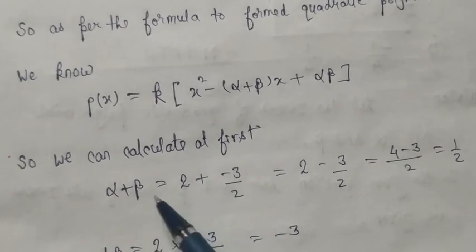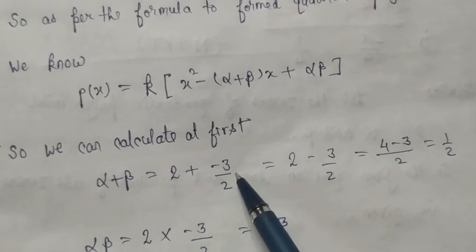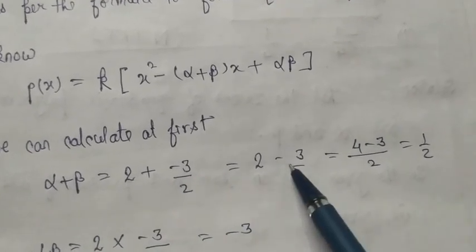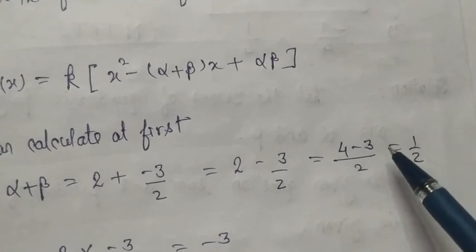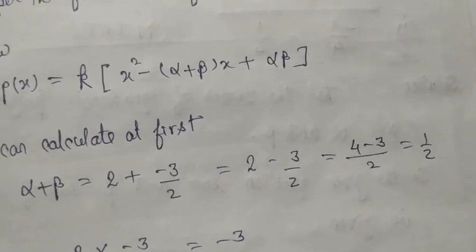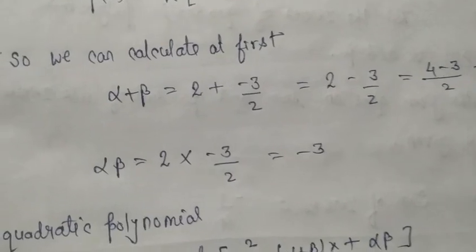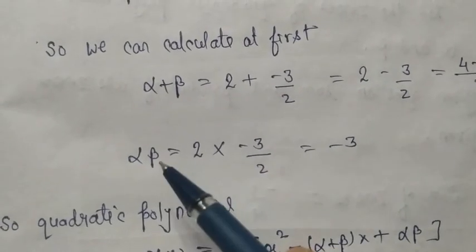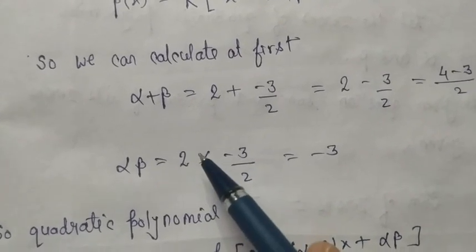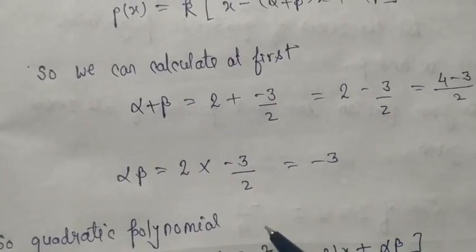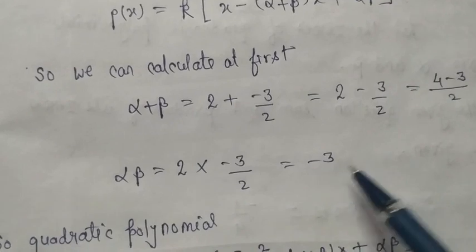Alpha value is 2 and beta value is -3/2. When you solve it, 2 - 3/2 = (4 - 3)/2, which is equal to 1/2. Similarly, alpha times beta is equal to 2 times -3/2. When you solve it, the 2 and 2 cancel and you get -3.